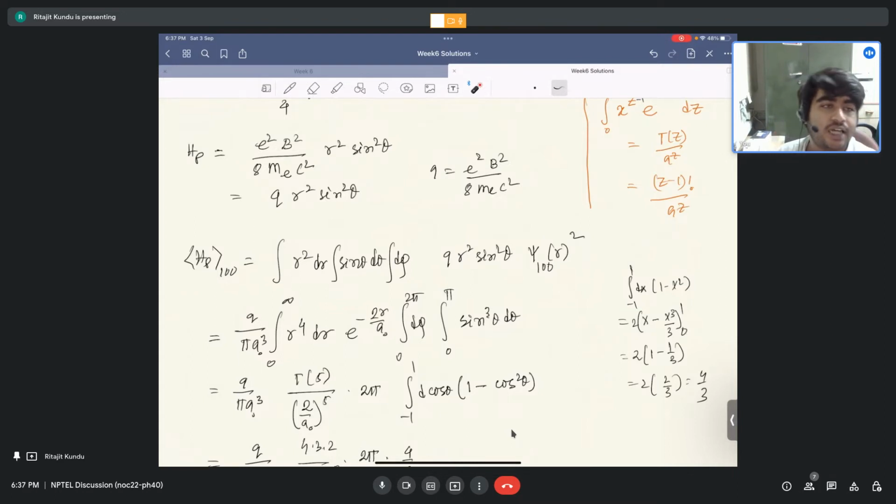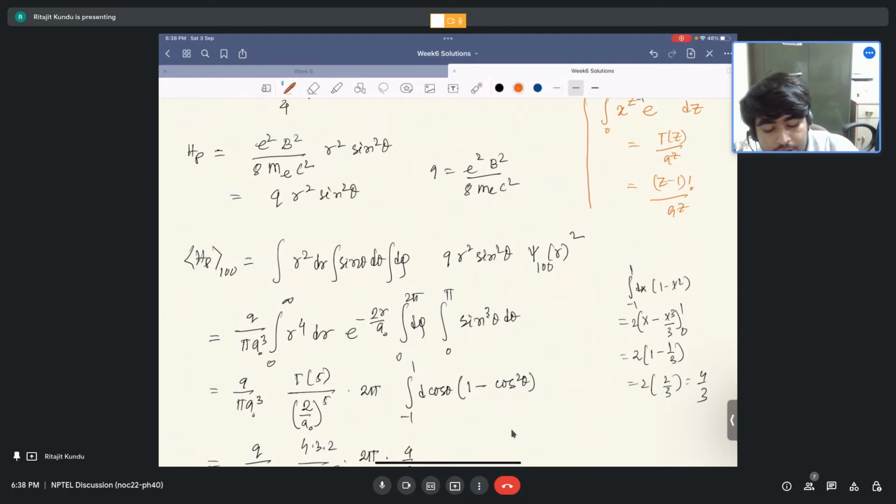This is the first correction I want to look into, because, like I mentioned in the last problem, we have this whole measure of the integral. So here it is r square dr, sine theta d theta and d phi, because we are working in spherical polar coordinates. Any 3D integration in spherical polar coordinates will have this part. Or you can also think in terms of the Jacobian.